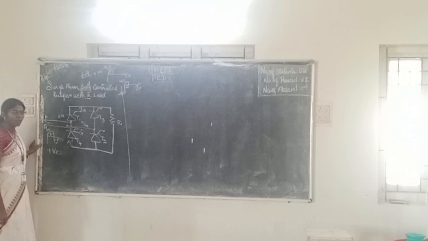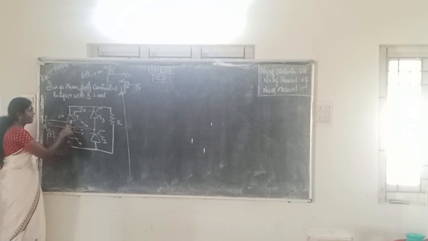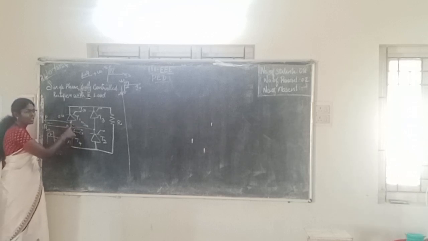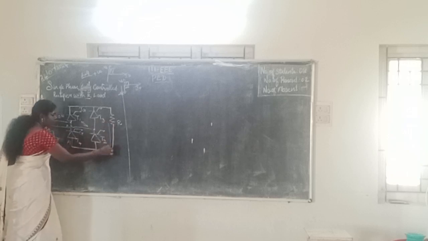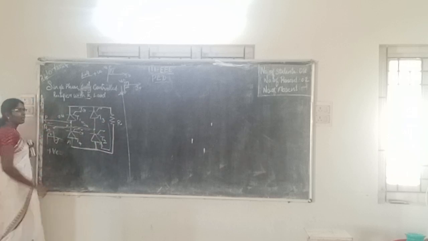But if it goes to T4, will it connect to neutral again? No, because T4 is connected to phase, so the circuit will not close. It will get short circuited. So the current will flow through T2 towards the neutral.